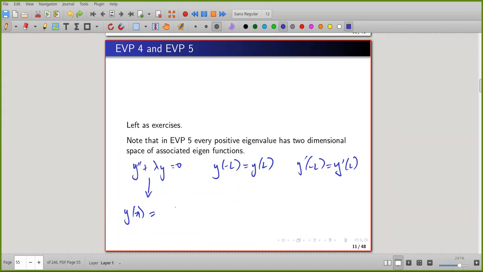For instance, you could just take c1 cos n pi x by L plus c2 sine n pi x by L, right? So here root lambda is this thing, and the space of solutions is therefore any linear combination of these two functions.